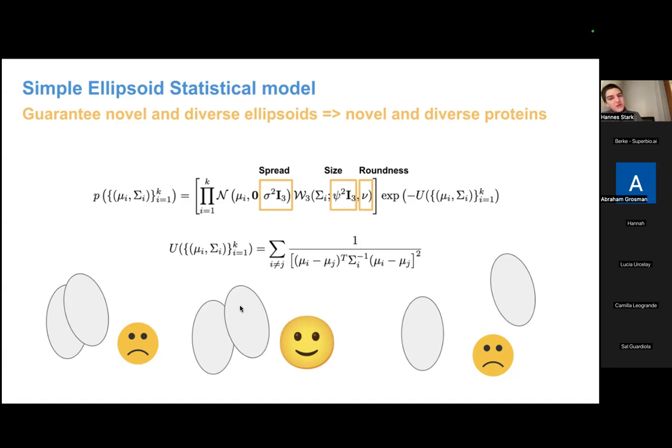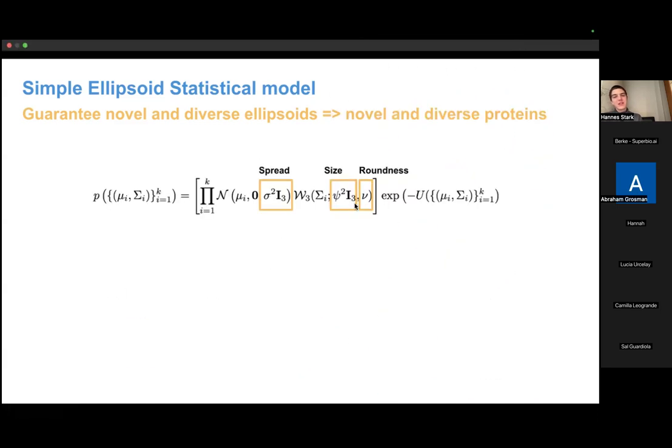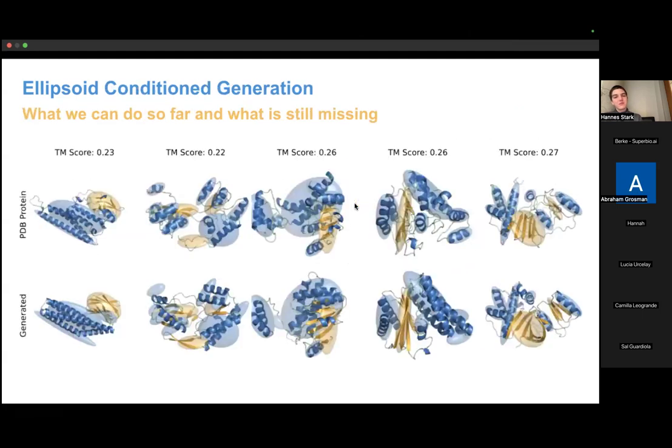Is it a concrete question of how this energy function here works, or was this a question about what happens if we have overlapping ellipsoids as input to the generative model? Ellipsoids, yeah.